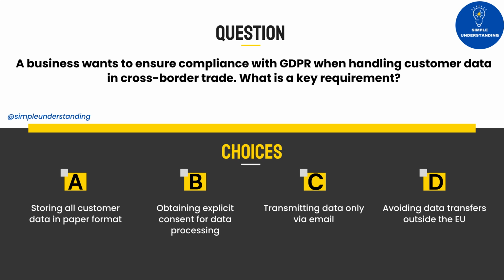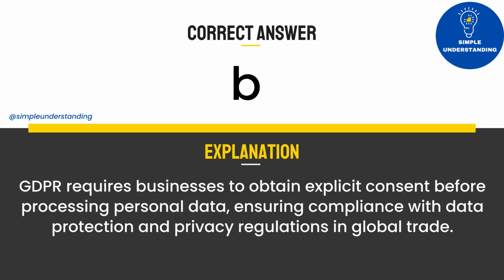D. Avoiding data transfers outside the EU. Correct answer: B. Obtaining explicit consent for data processing. Explanation: GDPR requires businesses to obtain explicit consent before processing personal data, ensuring compliance with data protection and privacy regulations in global trade.